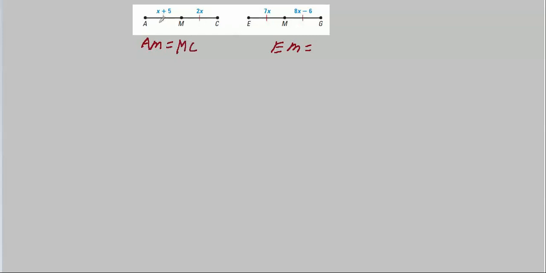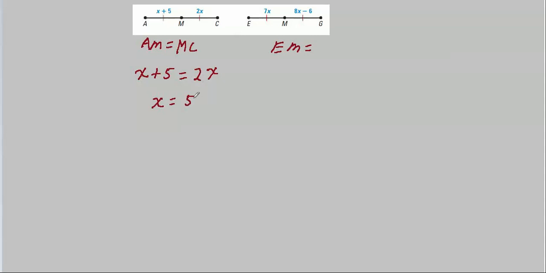So what does that say? In terms of setting up an algebraic equation, it tells us that x plus 5 equals 2x. Or, if I subtract an x from each side, I get x equals 5.